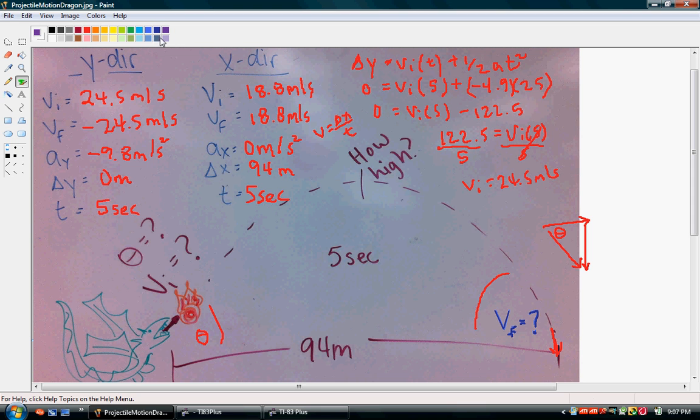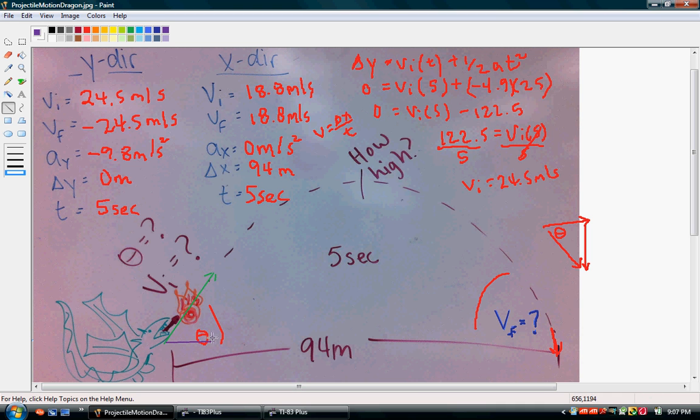So now we have a situation where, I'm going to switch my colors really quick. We have this velocity right here. I want it a little darker.